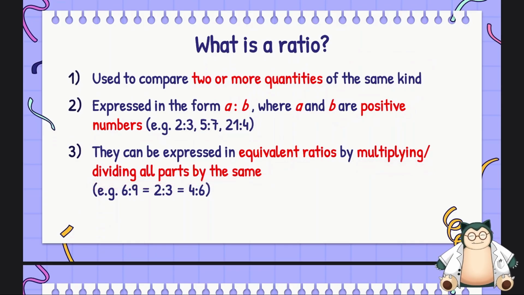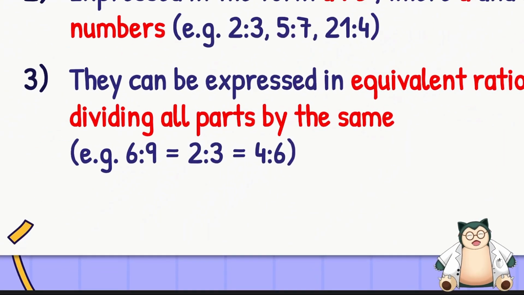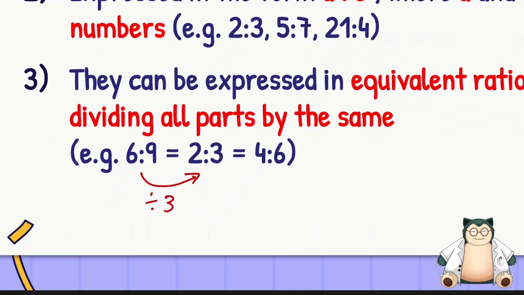So for example, 6 is to 9, when we convert it into 2 is to 3, what we are actually doing is dividing both sides by 3. In this case, you may recognize this as the simplest form because 2 and 3 have no other common factors. So this is what we call our simplest ratio.